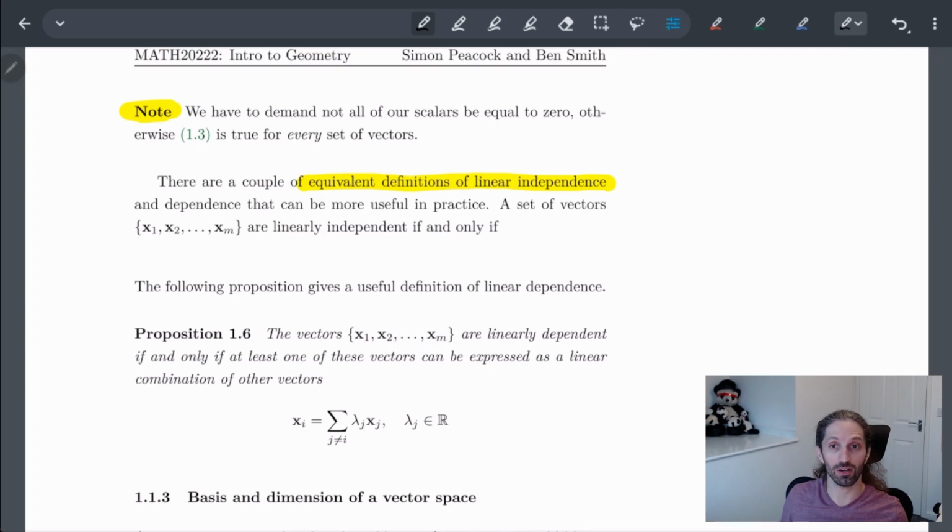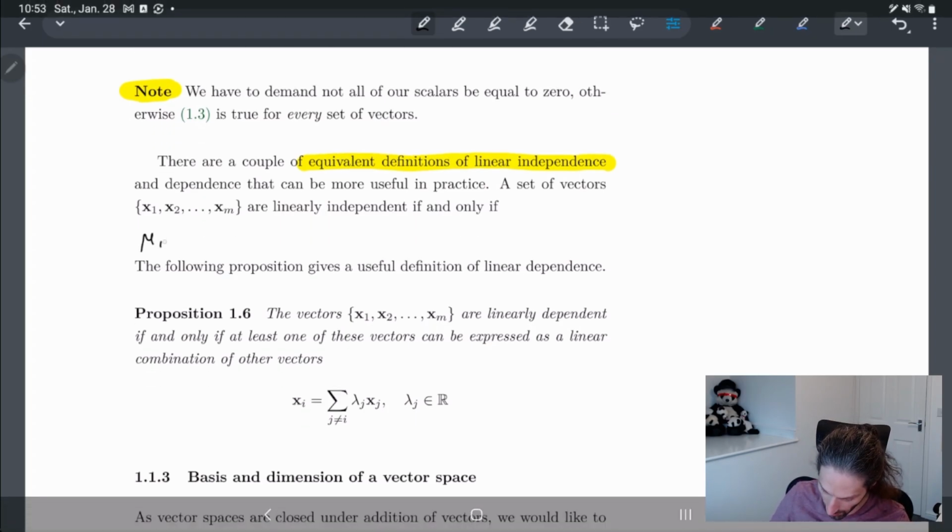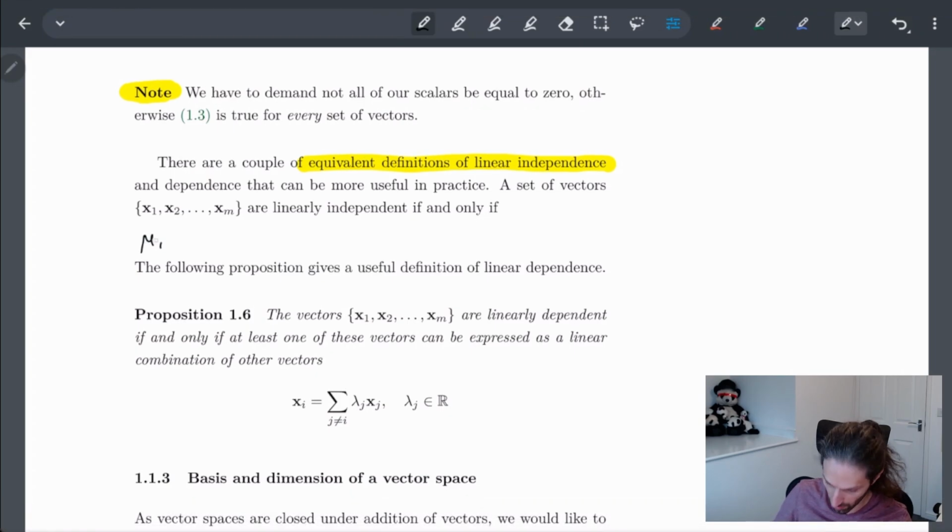We just take our vectors and set lambda 1 x1 all the way up to lambda m xm equal to 0.